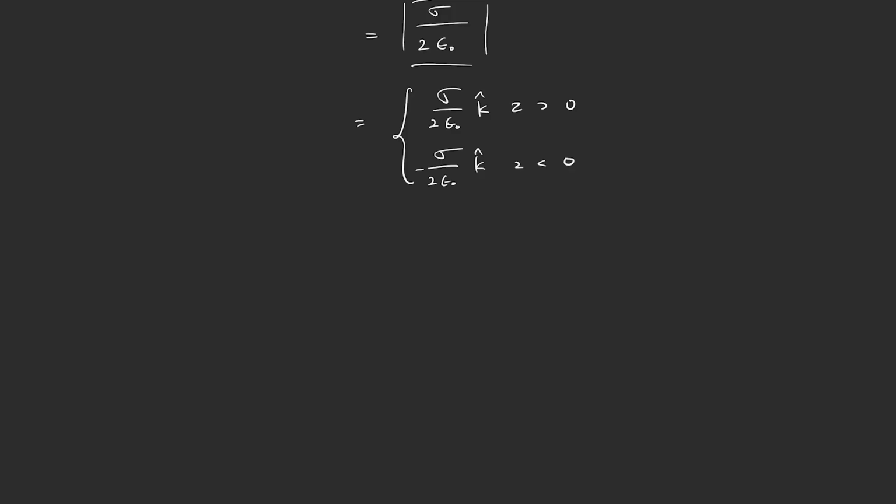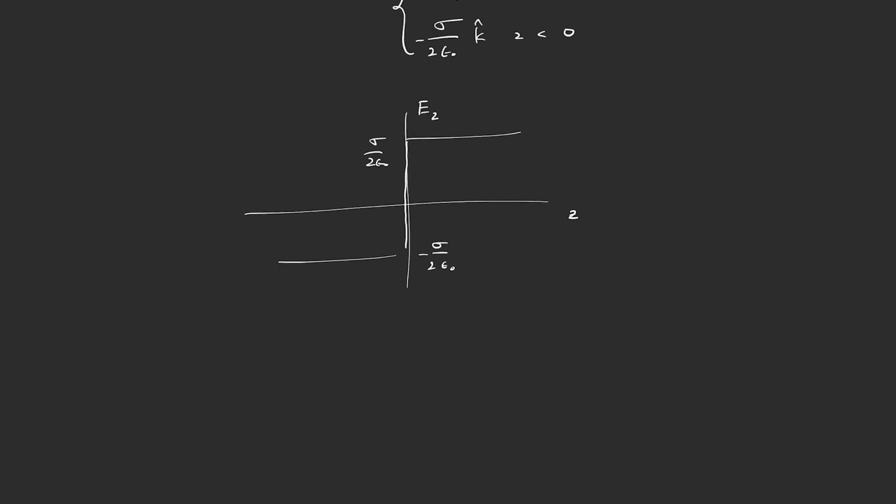We can plot this as such, where this is z and this is the electric field in the z direction. We have this graph right here, and we can notice a discontinuity in the electric field as we cross the plane.